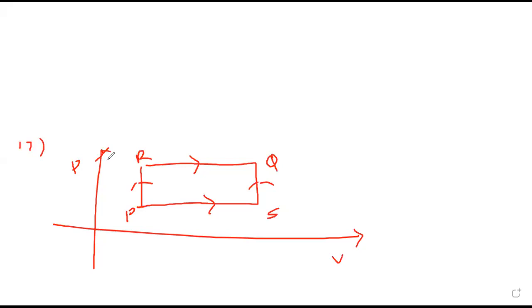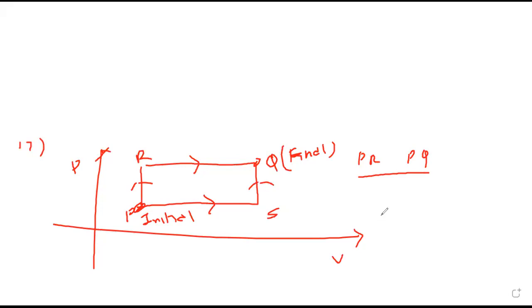When gas is taken from state P to Q, that means this is the initial state and this is final. First it is taken from PR to PQ state.